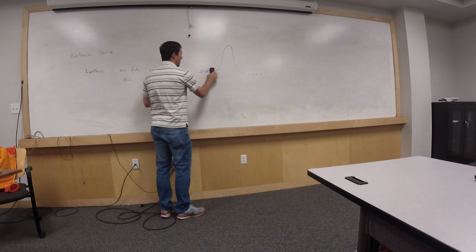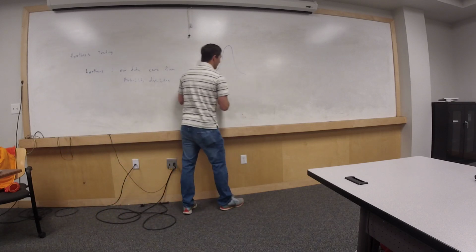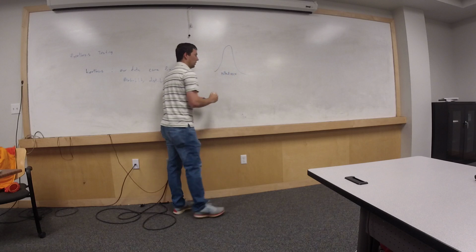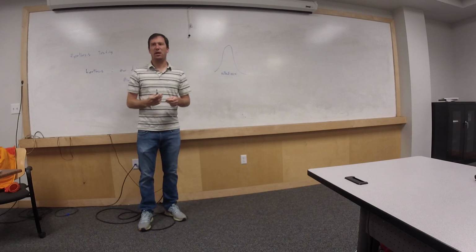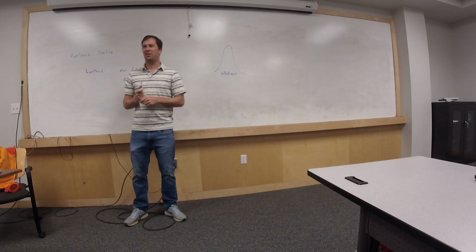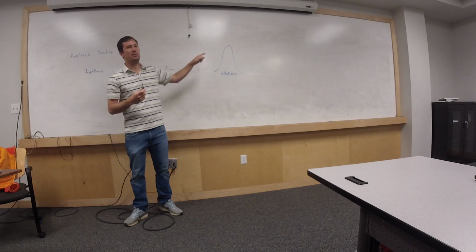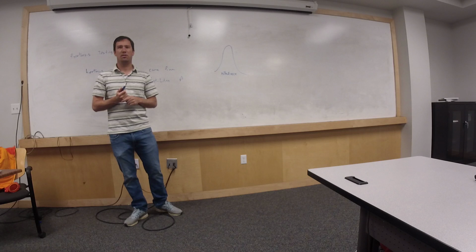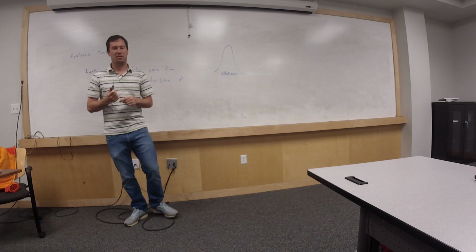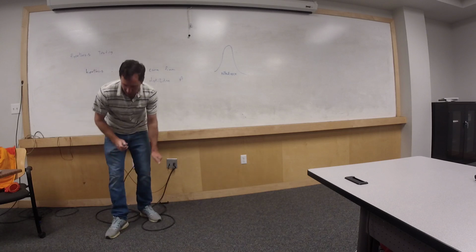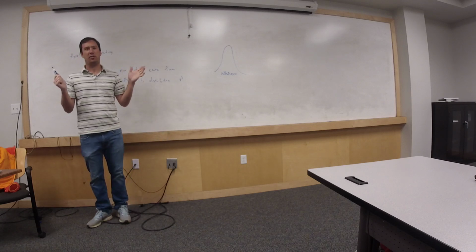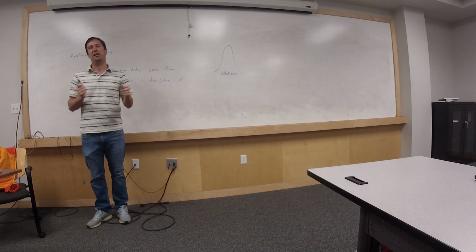A really important note here is, let's assume my data looks something like this. Does this allow me to conclude that, yes, this is the probability distribution that my data came from? No. There are many different probability distributions that could have reasonably generated the data that I saw.